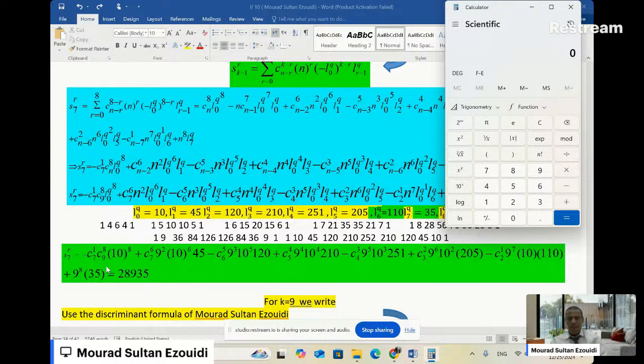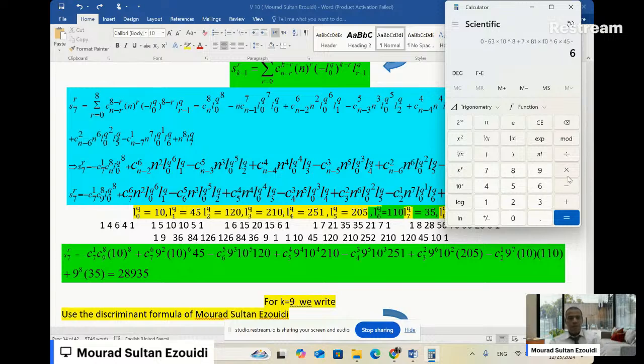Negative 7 multiplied by 9, that is negative 63, times 10 raised to the power 8. Plus 7 multiplied by 81, multiplied by 10 raised to the power 6, multiplied by 45.